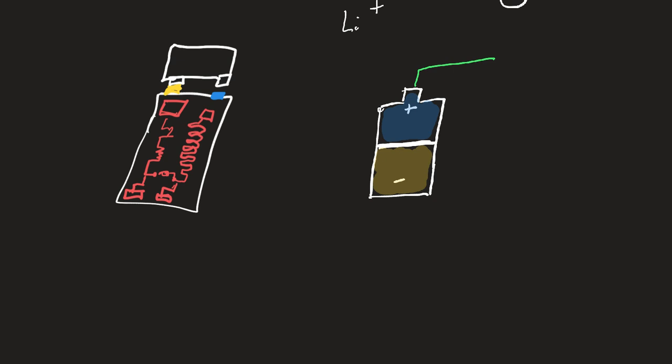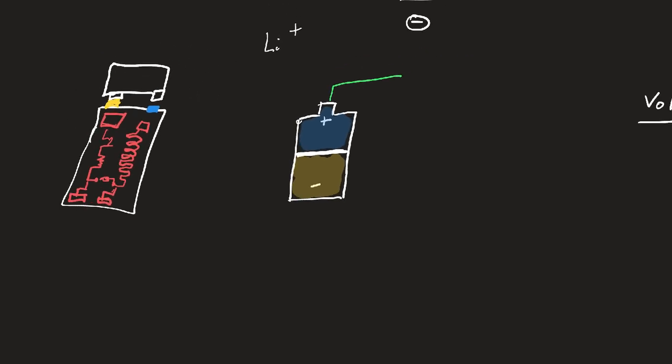But as soon as you get metal to metal contact, what's going to happen? What are the electrons going to do? What do electrons do? What does electricity do? How do you guys plug things in all day long?